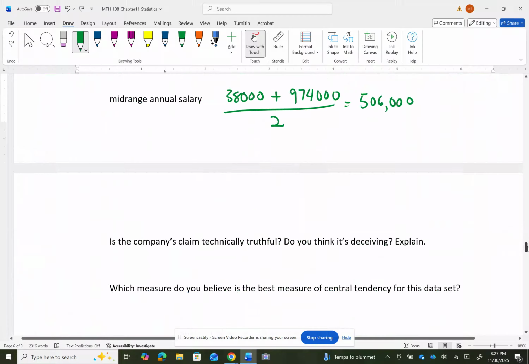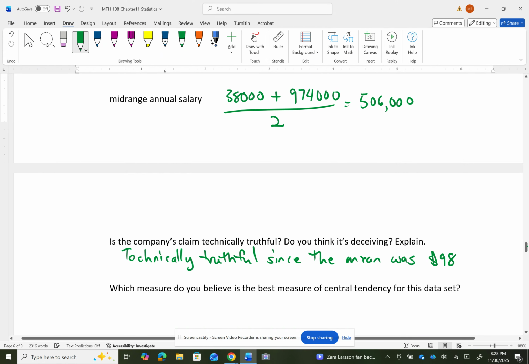So technically truthful, I would say, since the mean was 98,400, which is almost 100,000.